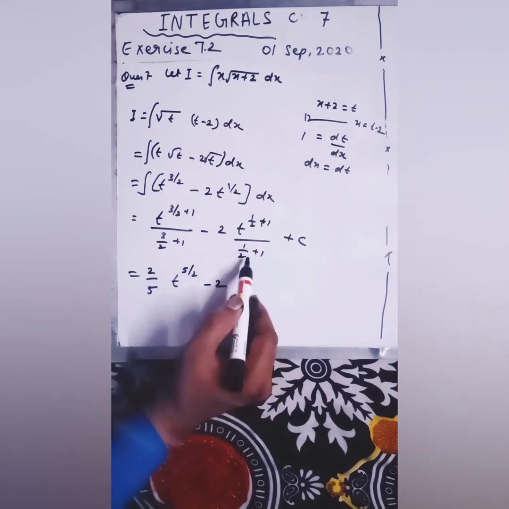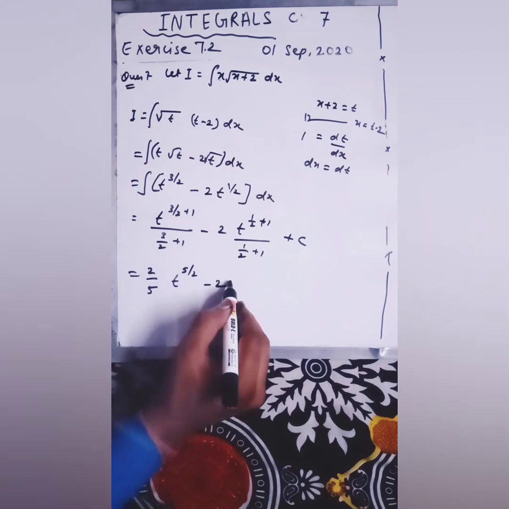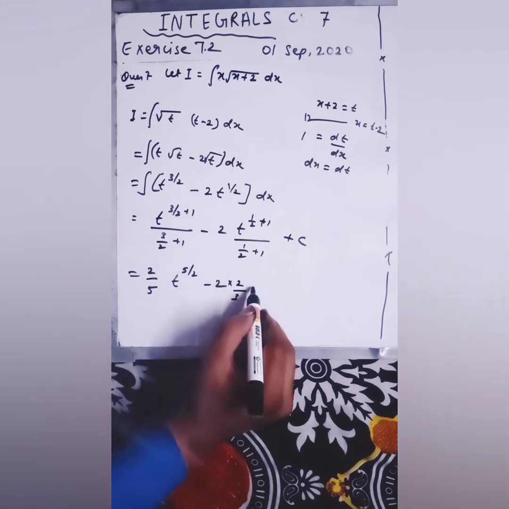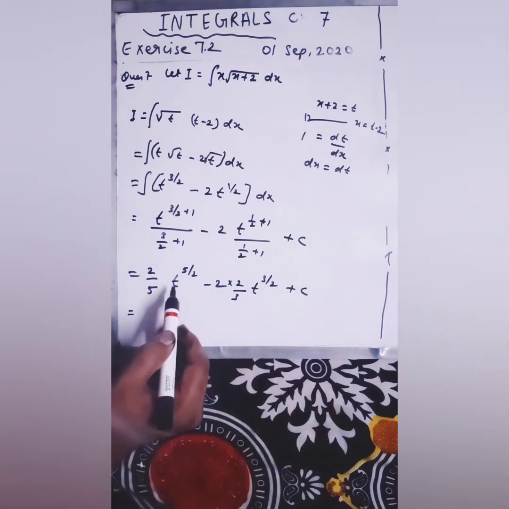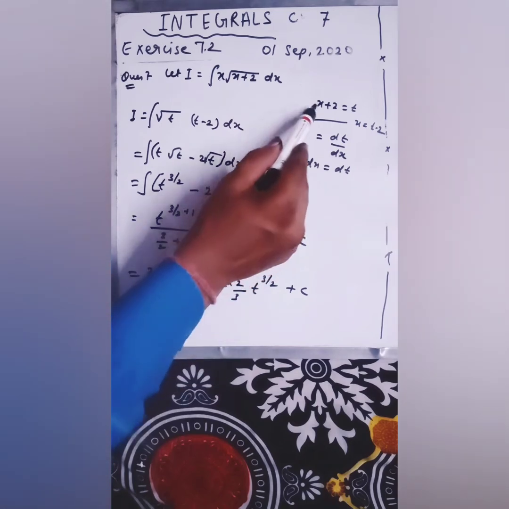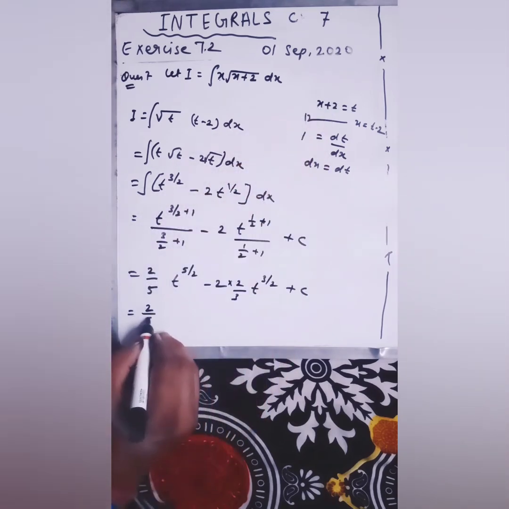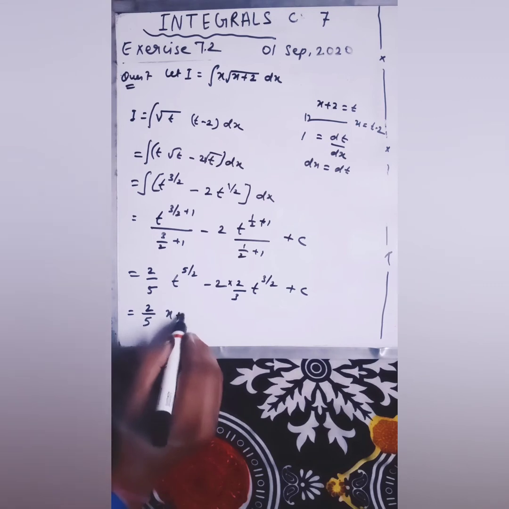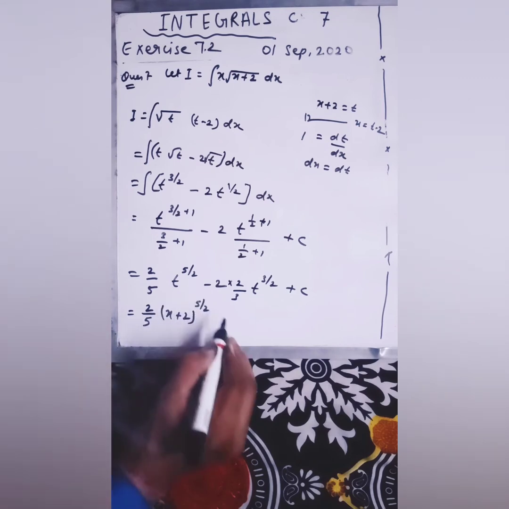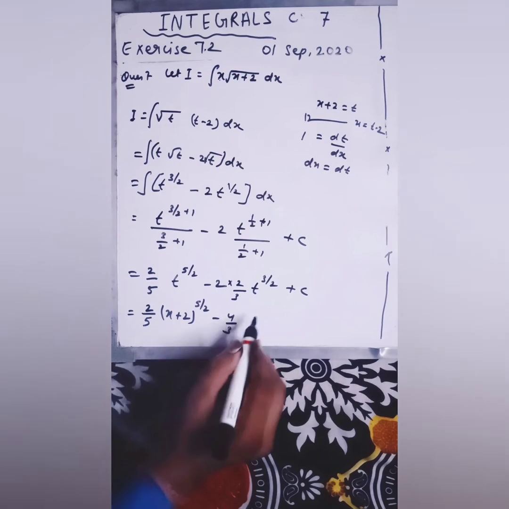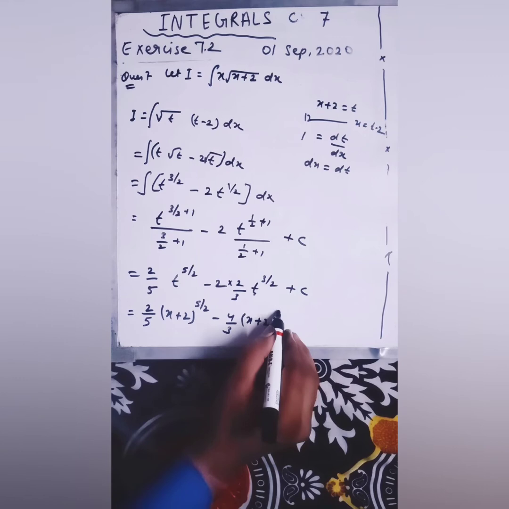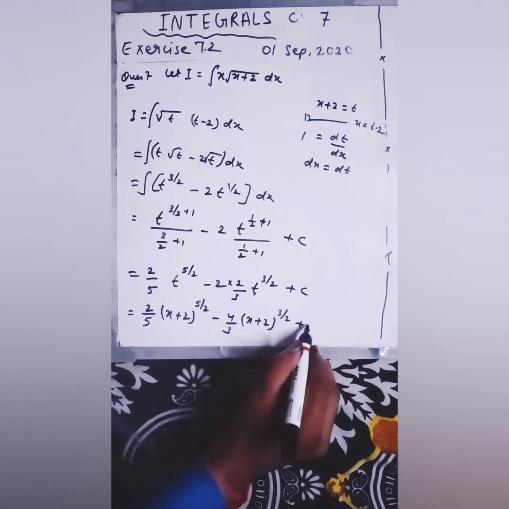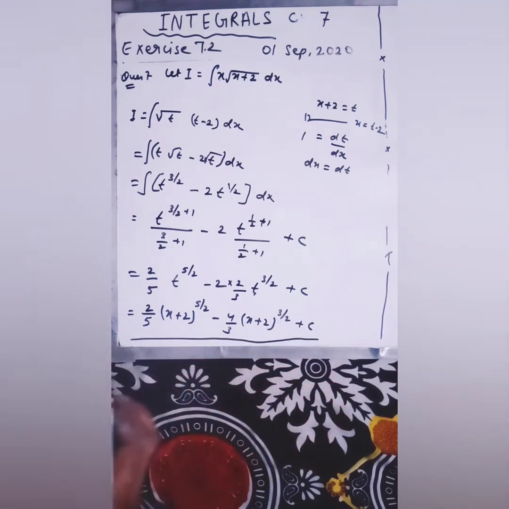So when you take the reciprocal, you will get 2 by 3, and t raised to power 3 by 2 plus c. In the next step, simply you have to put the value of t, which is x plus 2. So your final answer is 2 by 5 (x plus 2) raised to power 5 by 2 minus 4 by 3, and t is your x plus 2, so (x plus 2) whole raised to power 3 by 2 plus c. So this is the required answer. Got it?